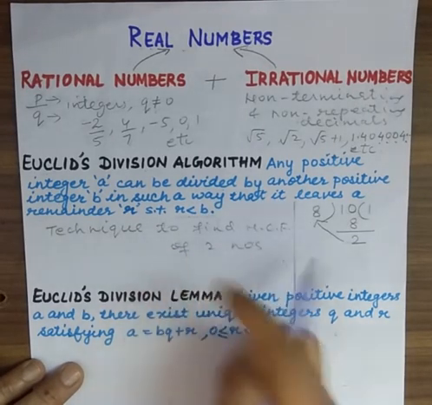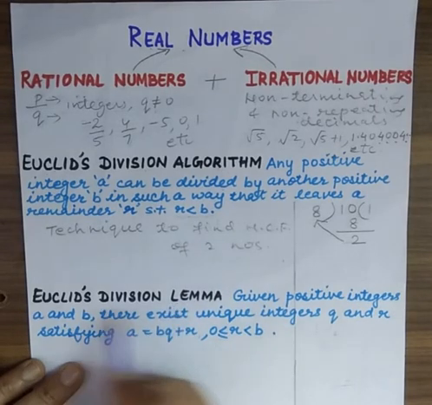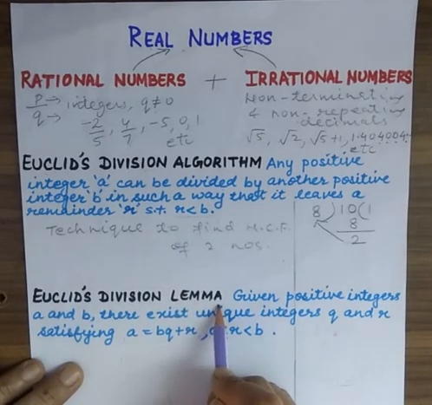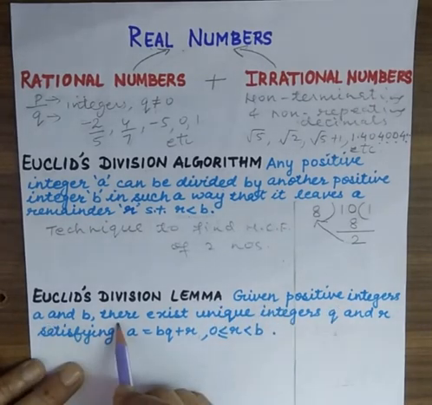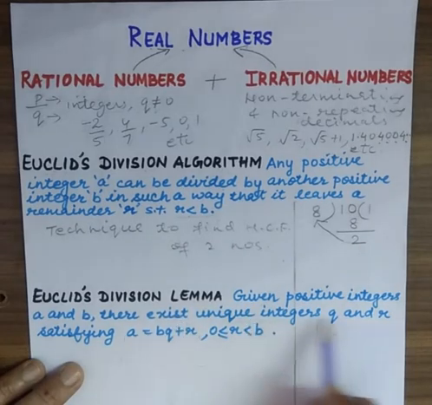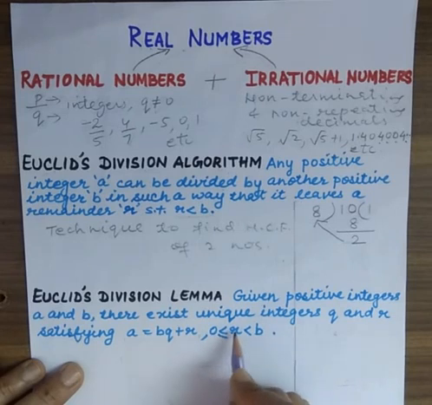To know that, we must go through a lemma, that is Euclid's division lemma, which states that given positive integers a and b, there exist unique integers q and r satisfying a is equal to bq plus r, such that r is greater than or equal to 0 and it is smaller than b.